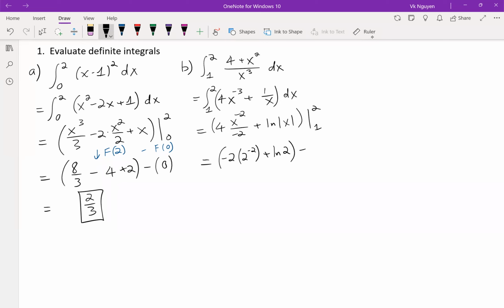When we plug in the number 1, we have -2 times 1 to the -2 plus ln 1. Okay, so that's -2/4 plus ln 2 minus, turn to a plus, so that's plus 2. ln 1 is 0.